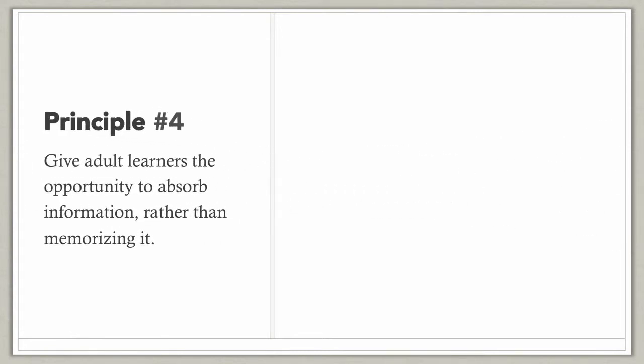Principle number 4. Give adult learners the opportunity to absorb information rather than memorizing it. The content being offered in adult e-learning courses should be problem-centered, as adult learners will want to immediately see how the instructions will help them to solve an issue they might encounter outside of the e-learning environment.